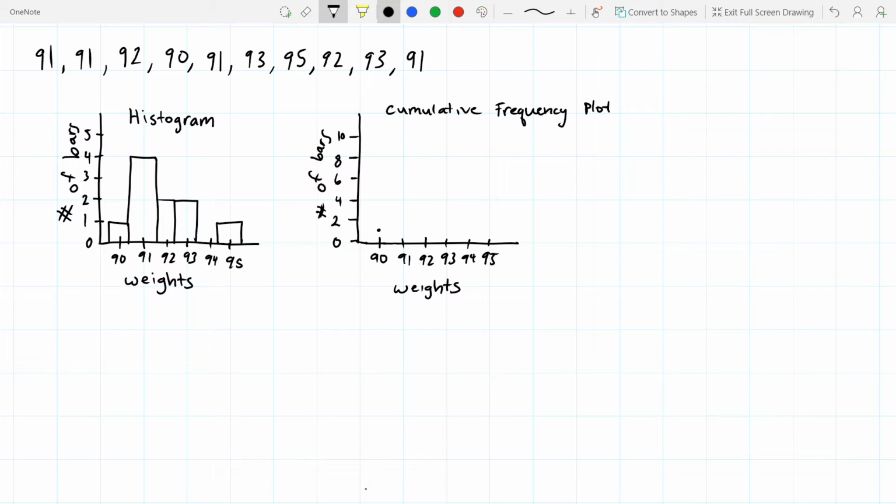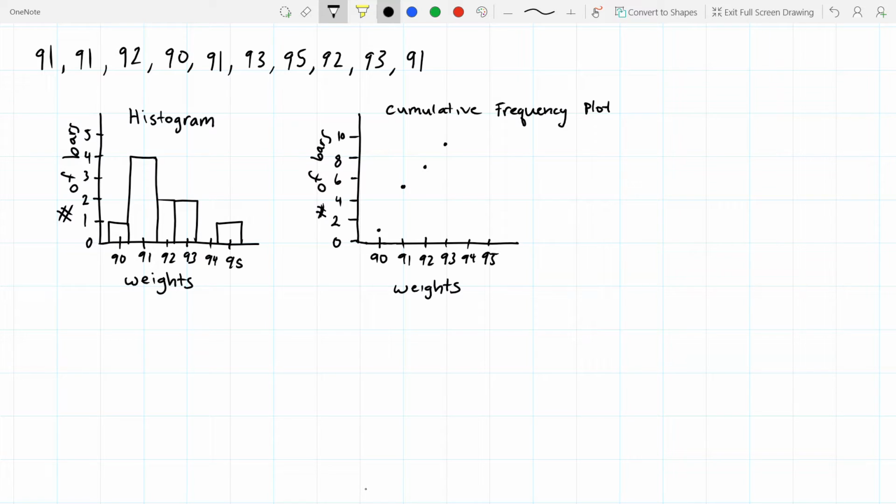Okay. Then at 91, we have 4 bars at 91 grams and 1 bar at 90 grams. So there are 5 bars that weigh 91 grams or less. At 92, we have 2 additional bars, so that puts us at 7. Then at 93, we have another 2 bars, so that puts us at 9.